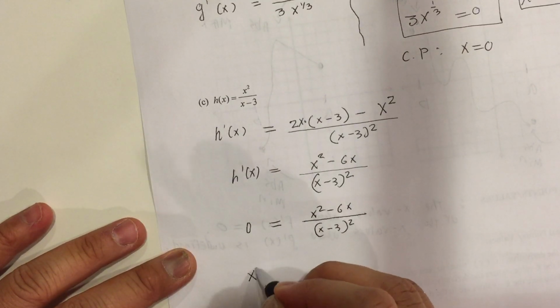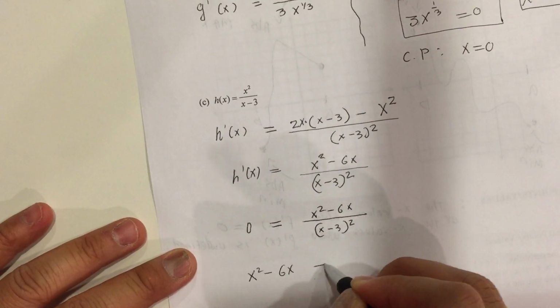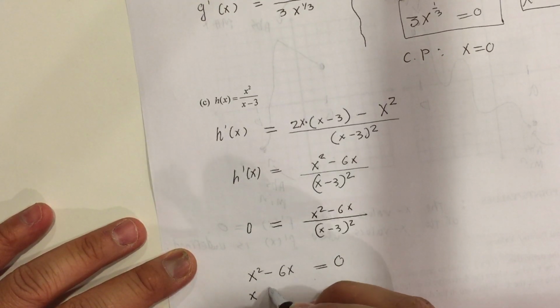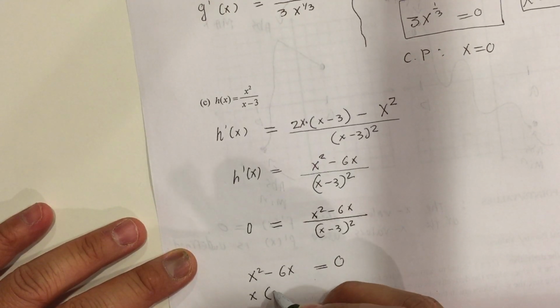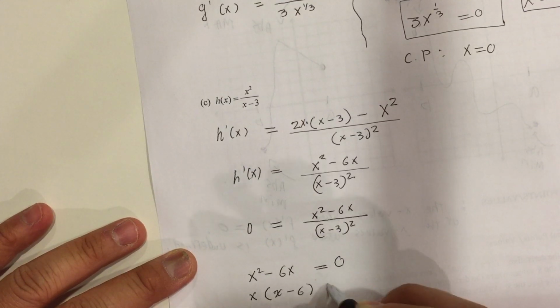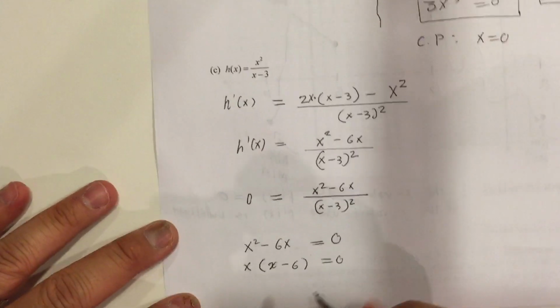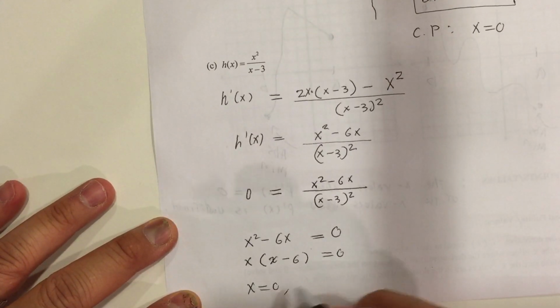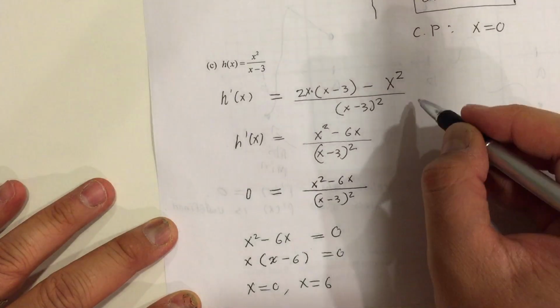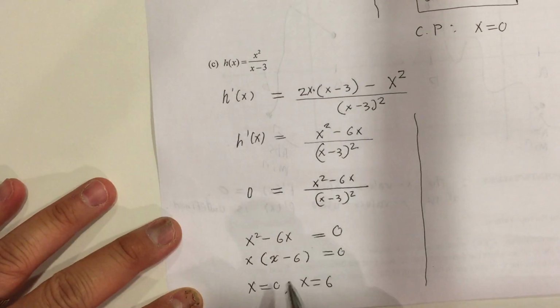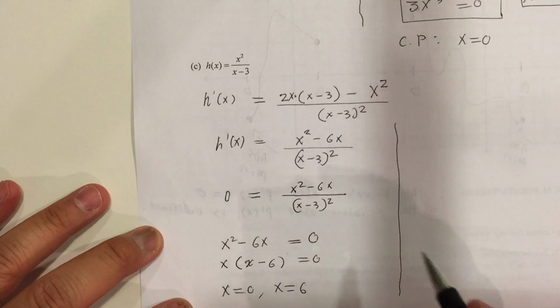So we take the numerator and we set that equal to 0, and then we solve by factoring. And it turns out that this is true when x equals to 0 or x equals to 6. So that's one way to find the critical points. So far we found 2 of them.